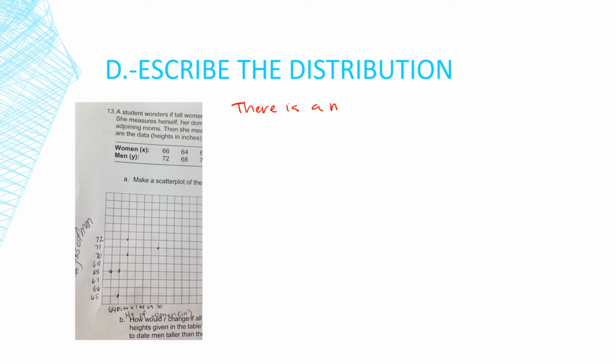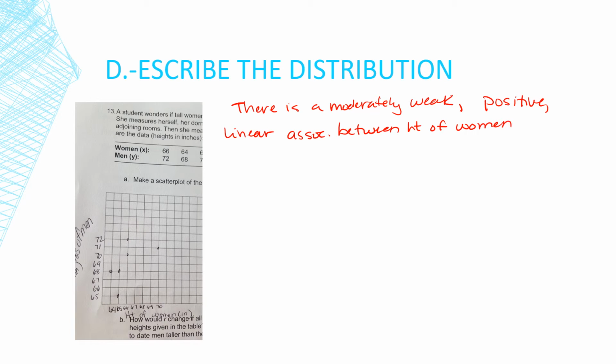So we're going to call that a moderately weak, and it's still positive. Plus, because we put it in our calculator, we can always look at R and see what it is. Linear association between the X variable, so height of women, and the Y variable, height of men. And go, done.